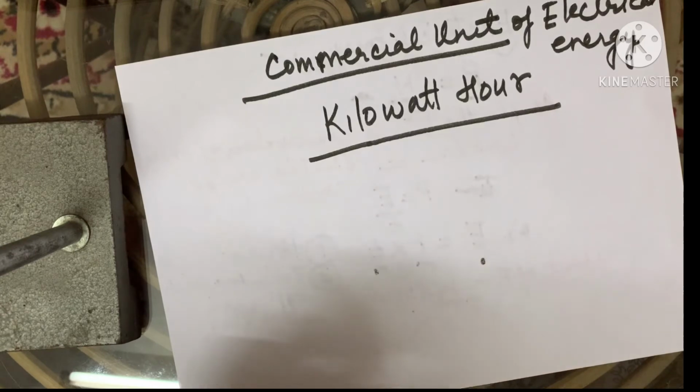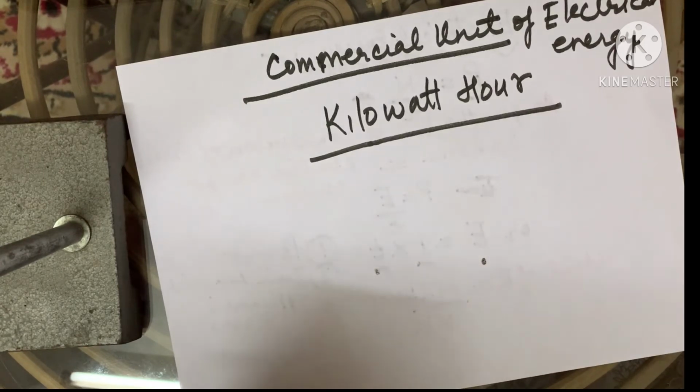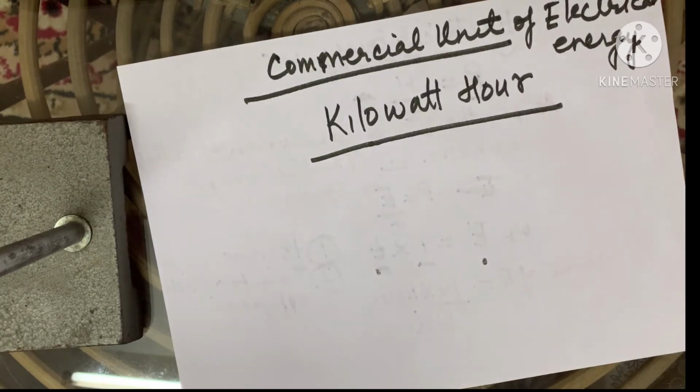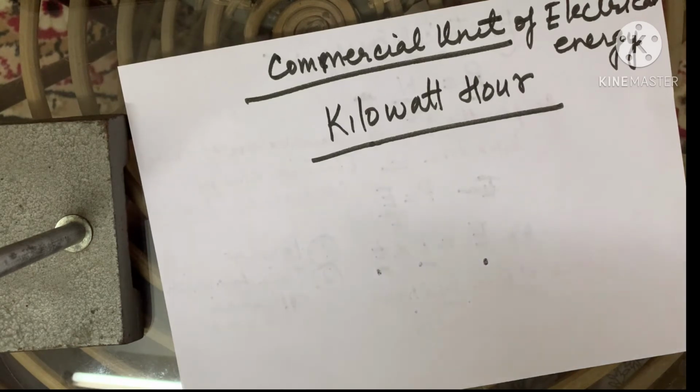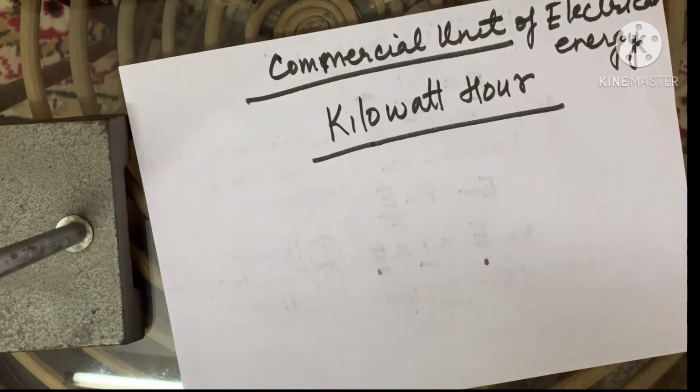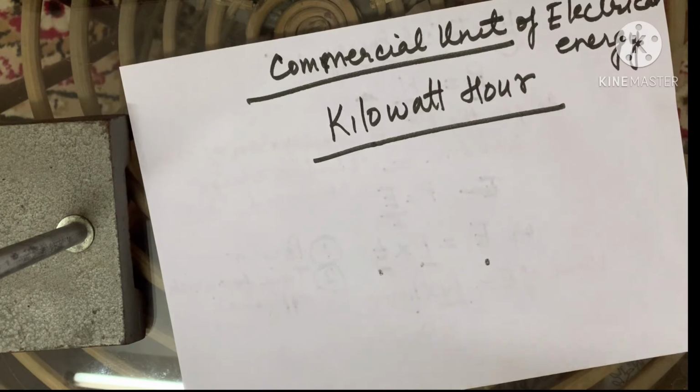So it will be very inconvenient for people to measure the electrical energy consumed. That is why kilowatt hour is used for the energy which comes to your house from the powerhouse.